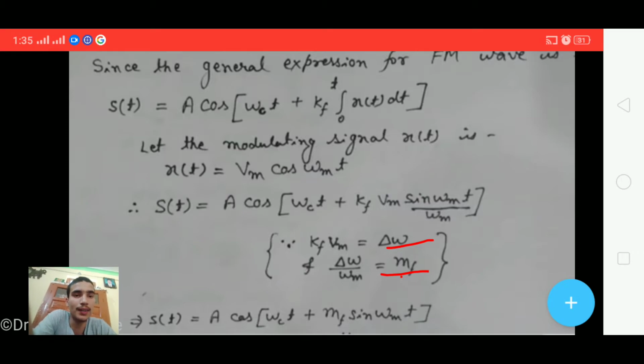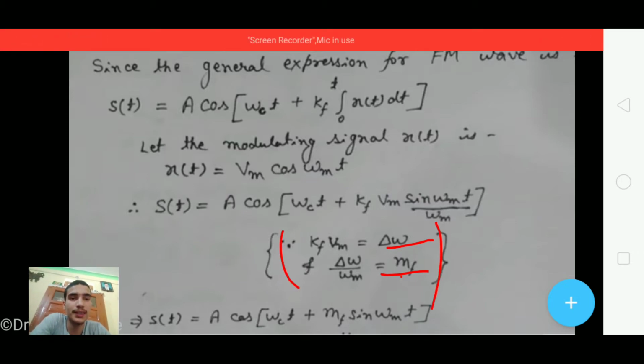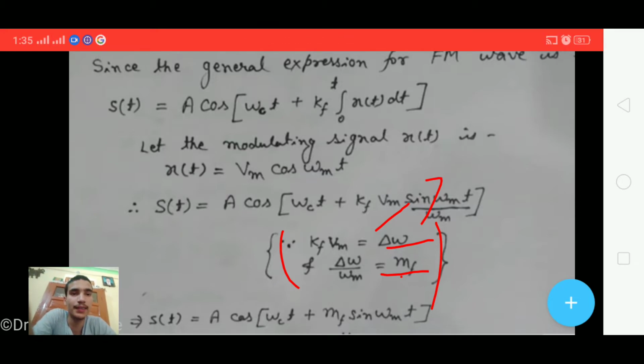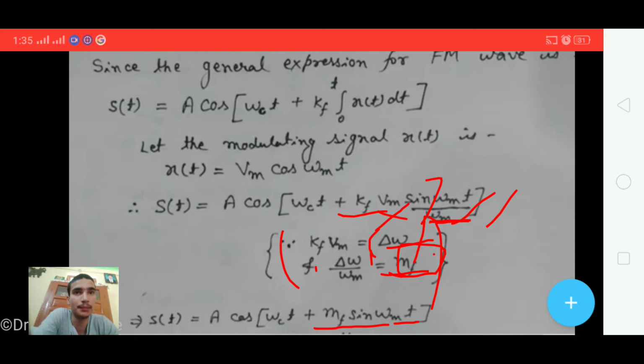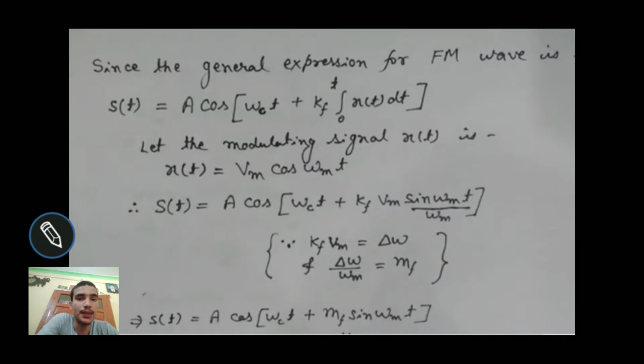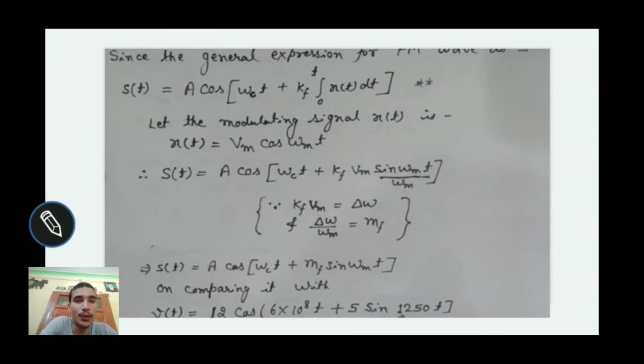So by putting this in, kf and Vm become delta omega, and delta omega upon omega m becomes mf. We get s(t) = A cos(ωc t + mf sin ωm t). Now this is our general equation.